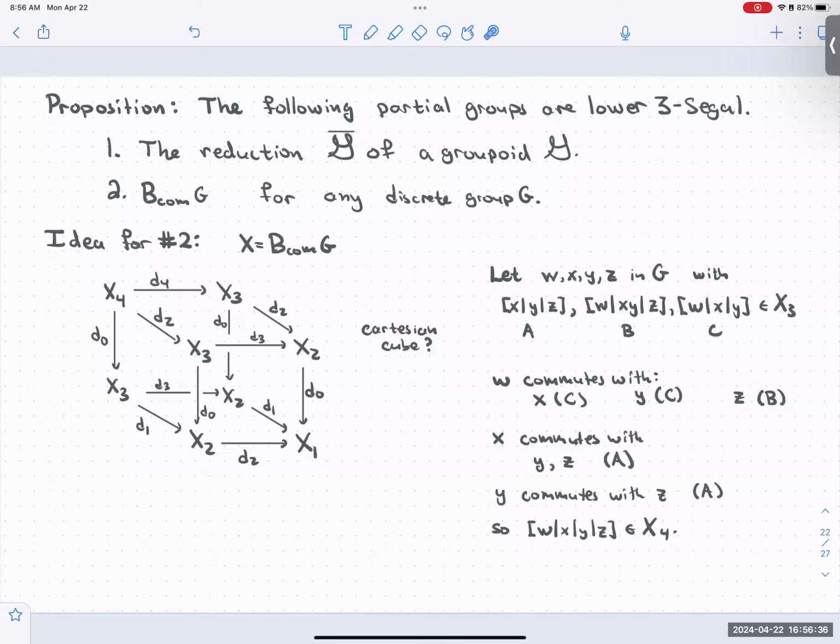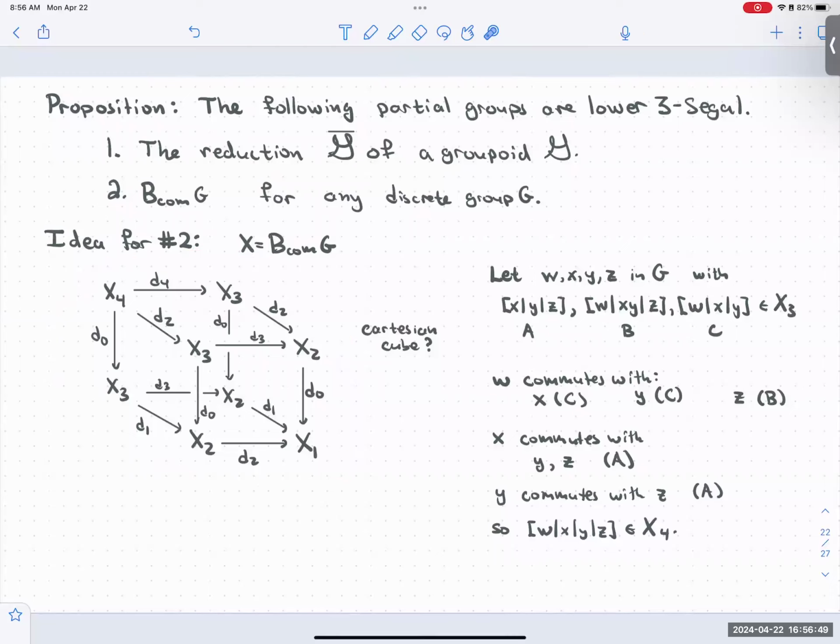Now I'm not here to tell you what lower 3-Segal is. That's a big task. But the idea is you have cubes like this that you want to be Cartesian. And this ends up being just a check.